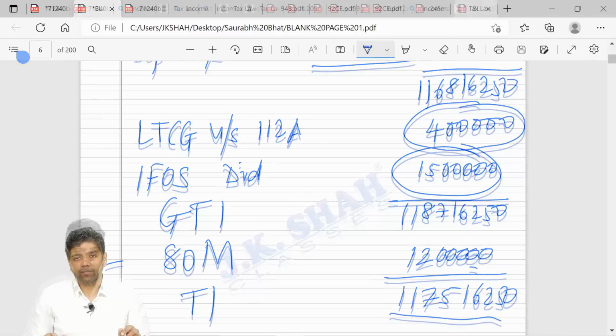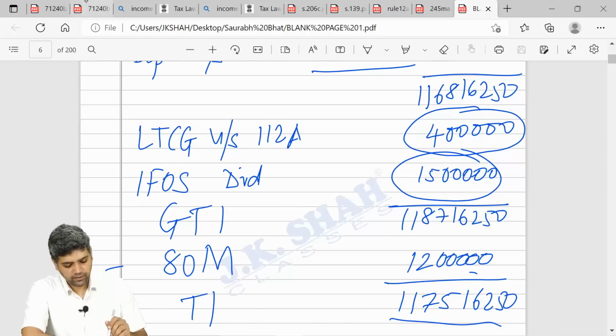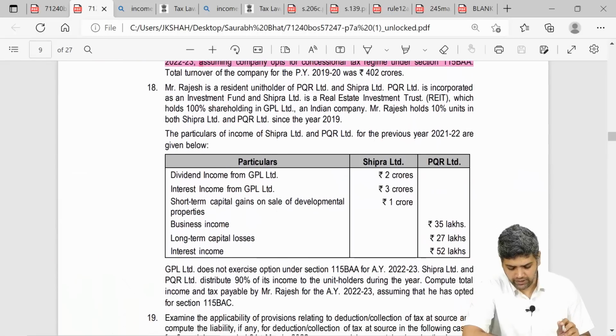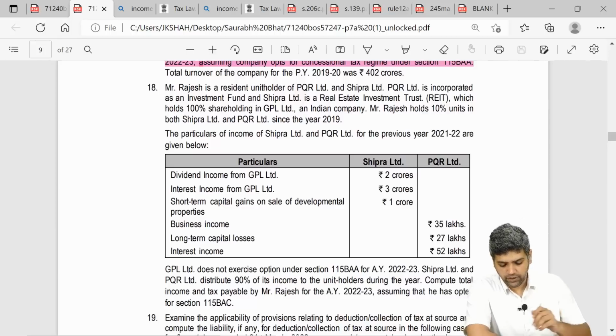Let's move ahead. The next question, that is question number 18, is based on chapter of business trust. Let's have a look at that. It says, Mr. Rajesh is a unit holder of PQR Limited and Shipra Limited.